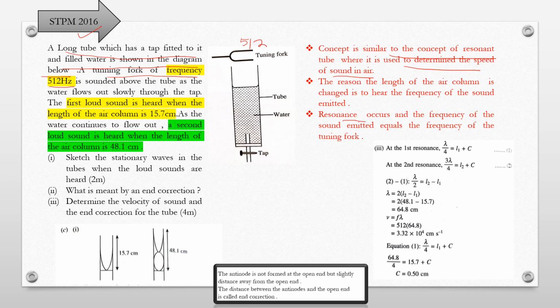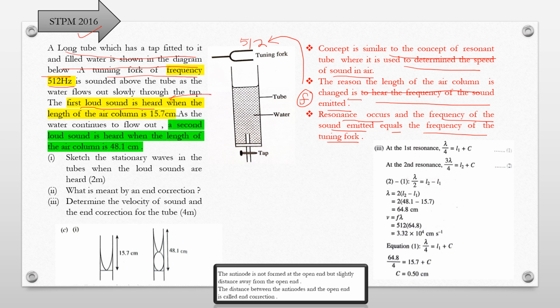Resonance will occur when the frequency of the sound emitted equals the frequency of the tuning fork. The reason the length of the air column is changed is to hear the loud sound, and the frequency of the sound emitted will equal the frequency of the tuning fork, which is 512 Hz.